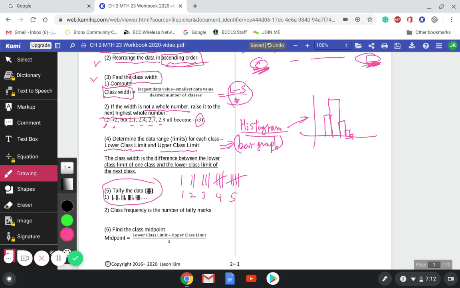So 6 would be what? After you have 5, you get one more. 7 would be after you have a 5, you have 2 more. And on and on.